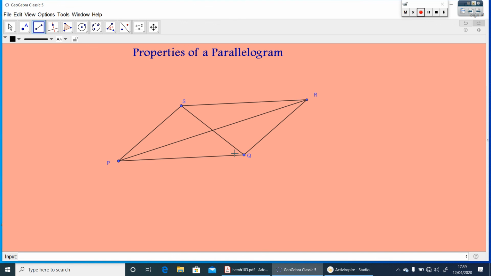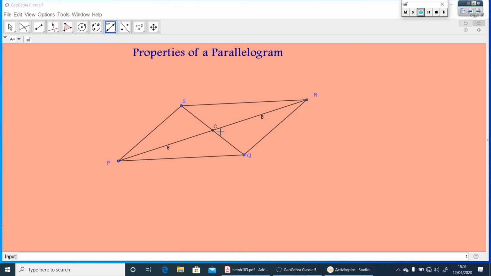So PR and QS are the diagonals of the parallelogram PQRS. Now these two diagonals intersect at this point. Let's see. Now let me measure PC and CR. Here PC is equal to 8 units and RC is also equal to 8 units.